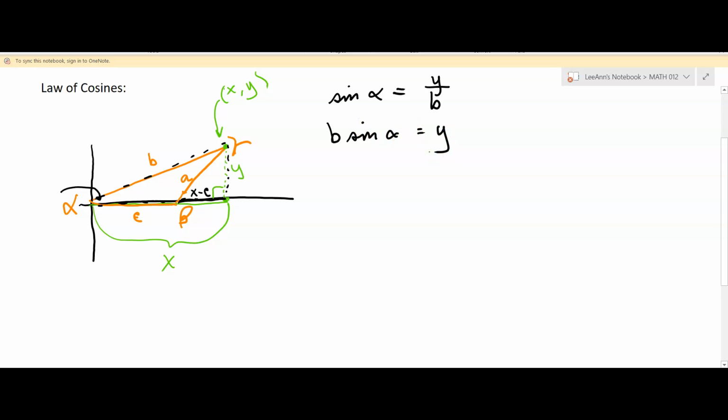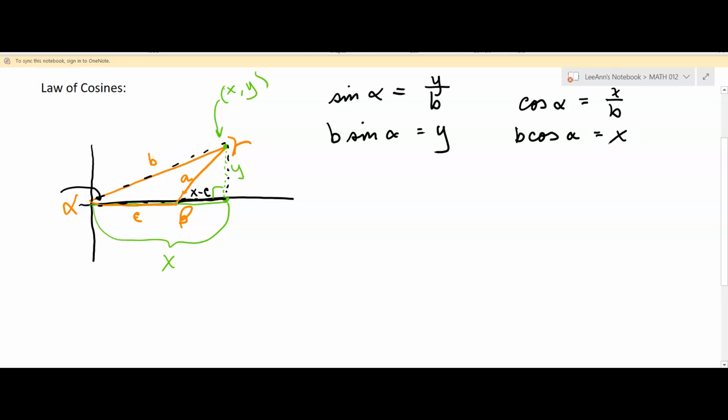Okay? Then we can also do something for the cosine of alpha. So the cosine of alpha is going to equal, again, we're looking at that large right triangle, x over b. Or b cosine alpha is equal to x. Okay.